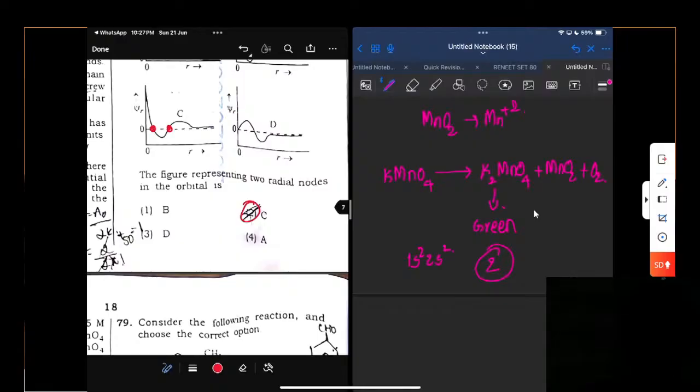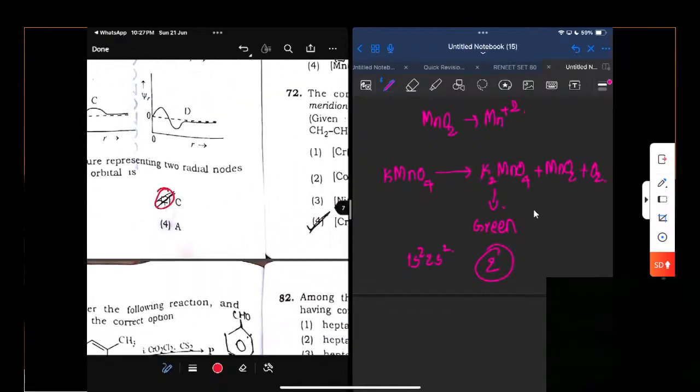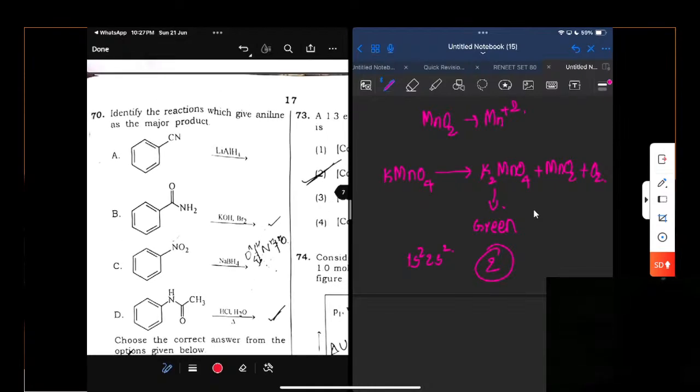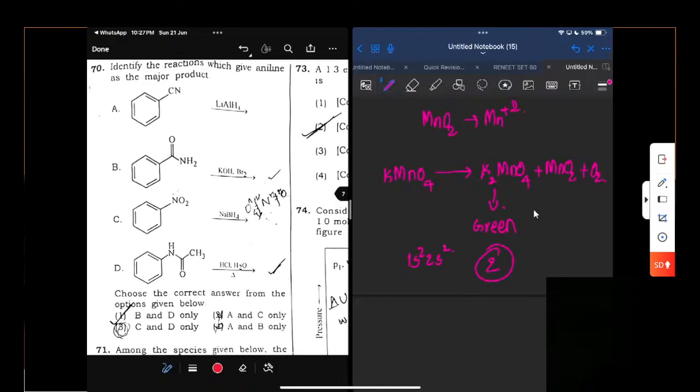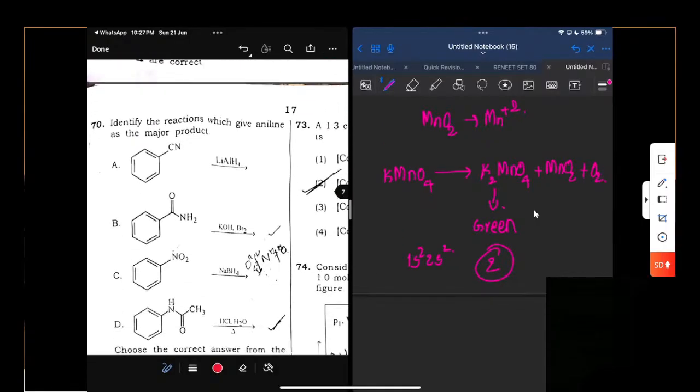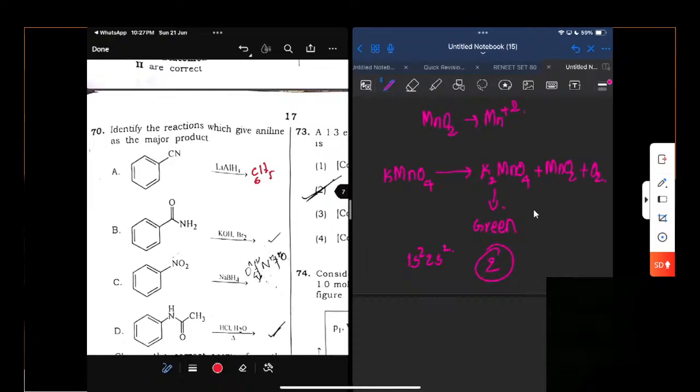Next. Identify the reaction which gives aniline as the major product. Okay, when I treat C6H5CN with lithium aluminium hydride, what do we get? C6H5CH2NH2.